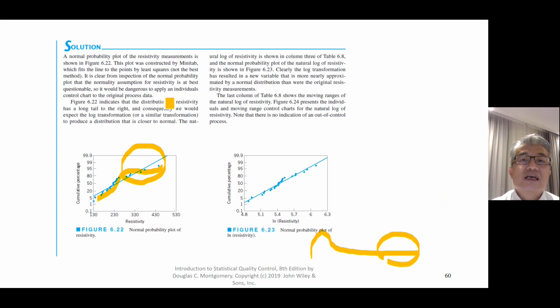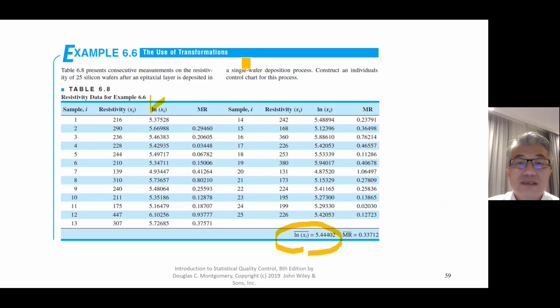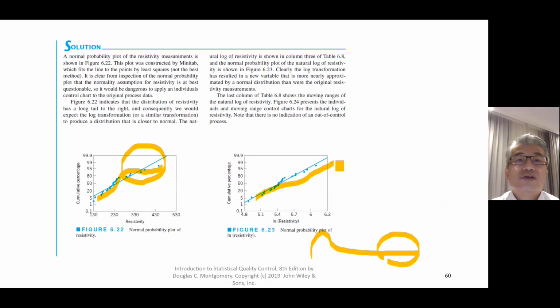It can be seen clearly that the log transformation has resulted in a new variable that is more nearly approximated by a normal distribution. You can see that this is almost linear, unlike the original resistivity measurements.